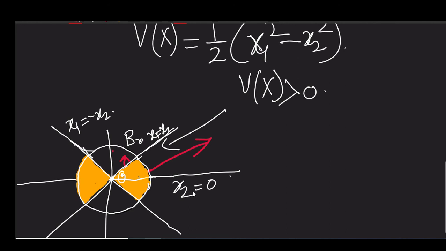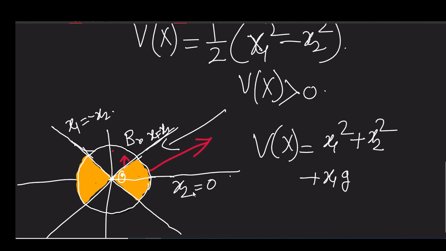Now we can set u in this way, and the derivative of V(x) along the system trajectory will be x1 square plus x2 square, plus x1 g1(x) minus x2 g2(x).